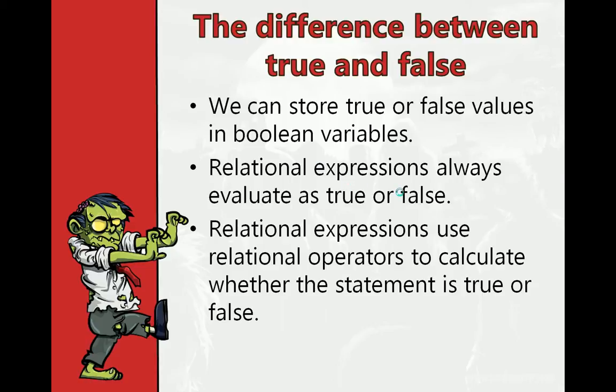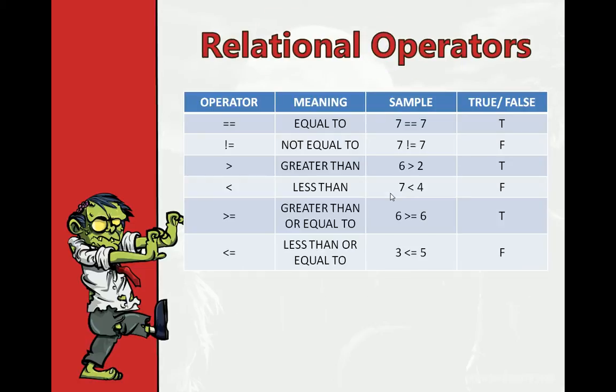This is easier to see than it is to talk about, so we're going to look at the relational operators. These operators are probably seen in algebra. In the example up top, the operator of two equal signs means equal to. In C++ and some other high-level programming languages like Java and C#, you're going to see two equal signs meaning equal to. So I'm testing if one value is equal to another value.